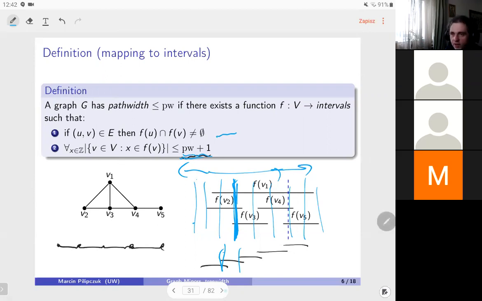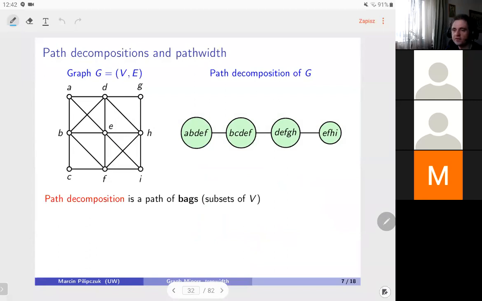So once we have path width, maybe intervals on the real line may sometimes be nasty, in the sense that it doesn't really matter, for example, if this guy ends a bit later or a bit shorter. There's a lot of freedom that we don't really need. And sometimes it's easier to look at it in a more discrete way. And the discrete way of looking at it is path decomposition.